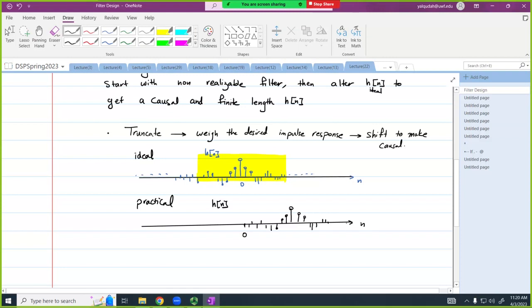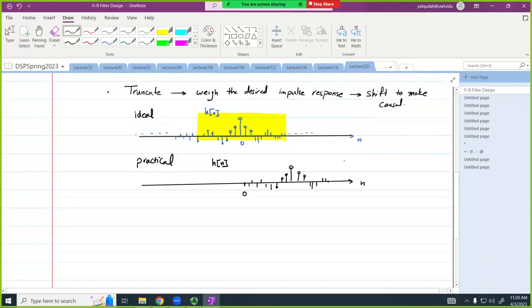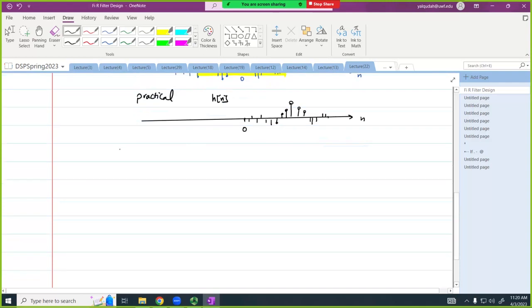Sounds good? Okay, so let's see what the impact of this windowing is going to be on the frequency response. So this is our h of n, let's keep it as h of n. Let's look at the impact of windowing on the frequency response.